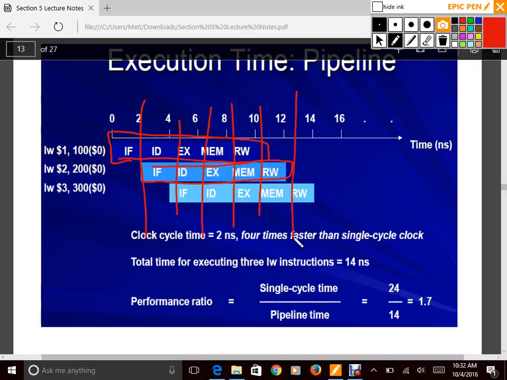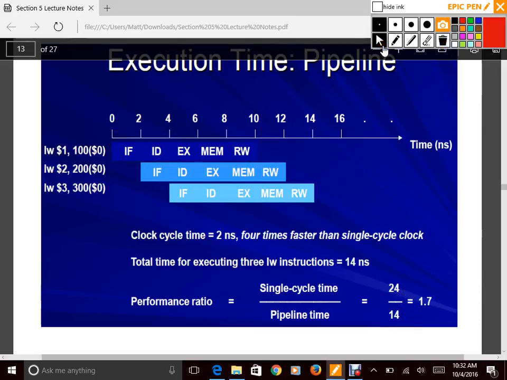So instead of taking 24 nanoseconds like we had before, it's now only taking 14. So we have an improvement in performance of 1.7. Does that make sense?